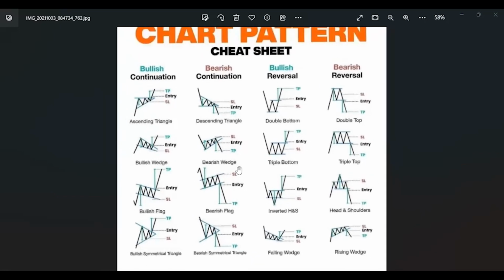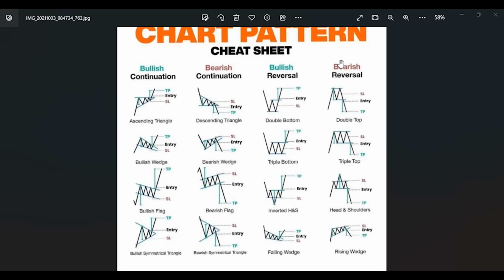So these are patterns that you need to become familiar with because they do appear in the chart. And when they appear, you can use them to predict what direction the market is going to go. A bullish continuation pattern is basically a pattern that forms that will let you know that this trend is actually going to continue. Remember how when we went to the weekly time frame, we saw that the market is in a downtrend, right? When the market is in a trend like that, the price will not just keep dropping; sometimes it will start bouncing back up.